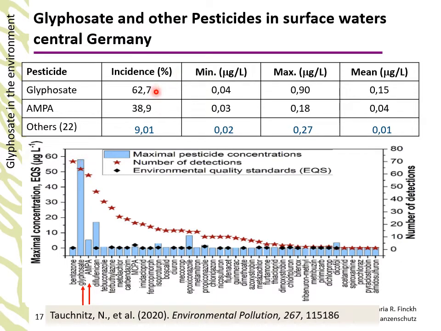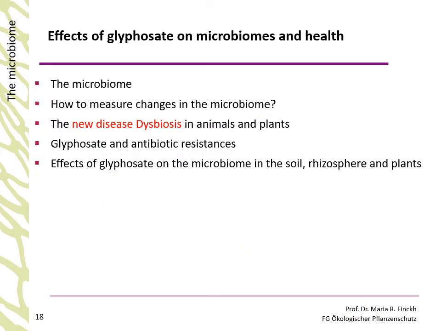In 62.7% of the cases where they looked, they found glyphosate. In about 40% they found AMPA, and 9% they found other chemicals. There is a minimum, maximum, and mean, and you can see that the mean micrograms per liter for glyphosate also was dramatically higher than for all the other chemicals. That's enough for the environmental fate of glyphosate.